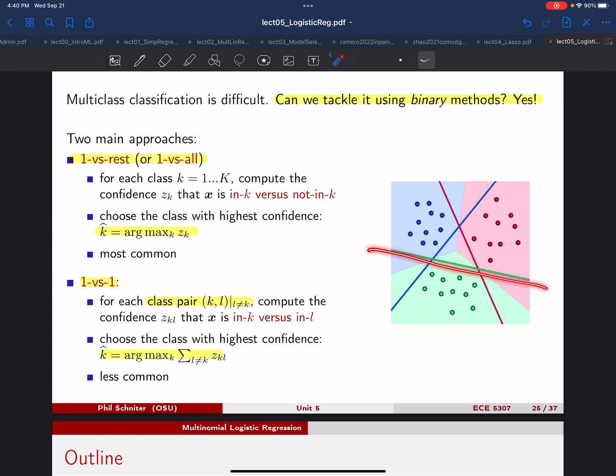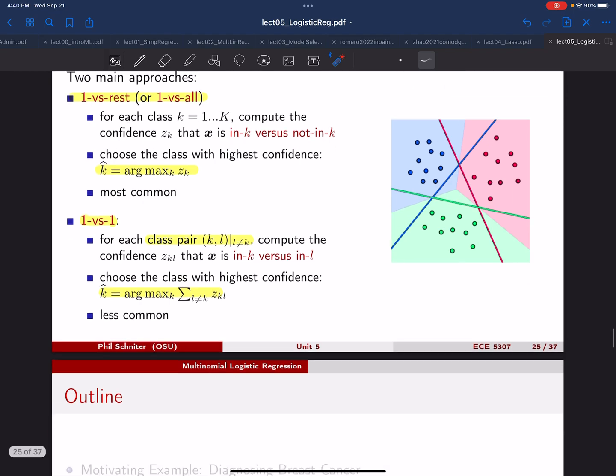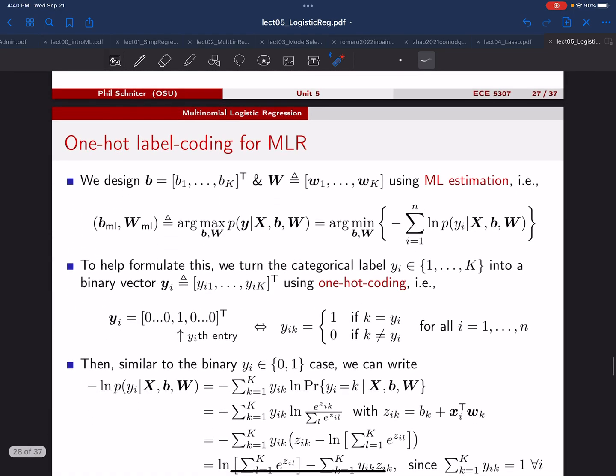Each one of these has an intercept b and a weight vector w. So here's all my different b's, I'll put them together in a vector b. Here's all my different w vectors, I'll put them together in a matrix W, just as columns.